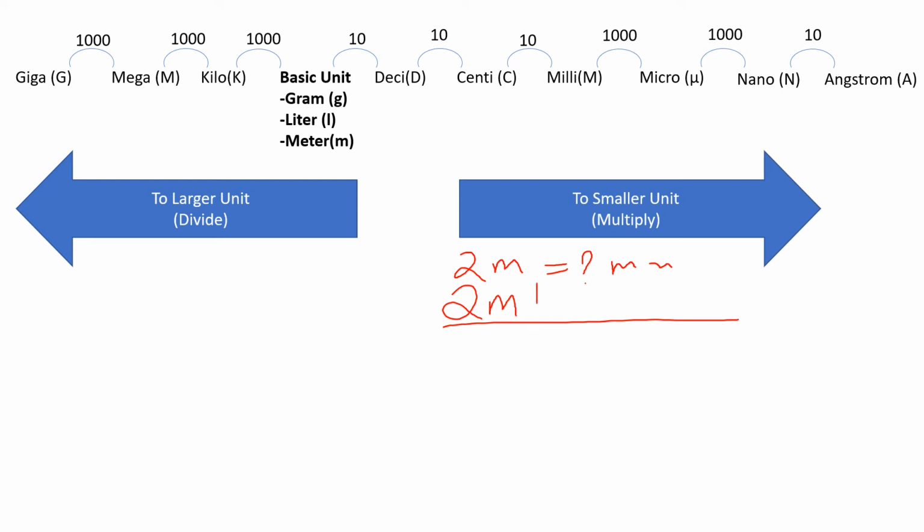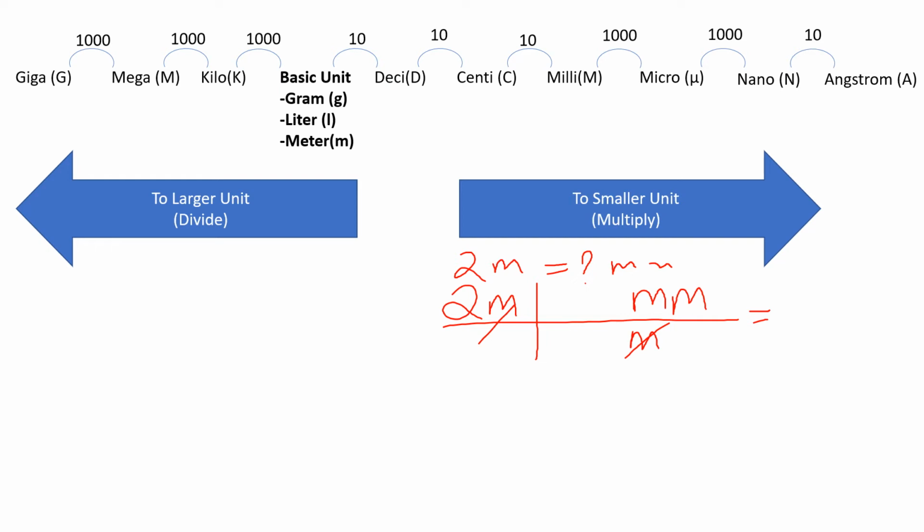I want to get rid of my meters, so I'm going to put my meters on the bottom so that they can cancel out. And then I'm going to put my millimeters up at the top. Again, this is how you would show your work in terms of how you got rid of your meters and how you are going to the units that you want.